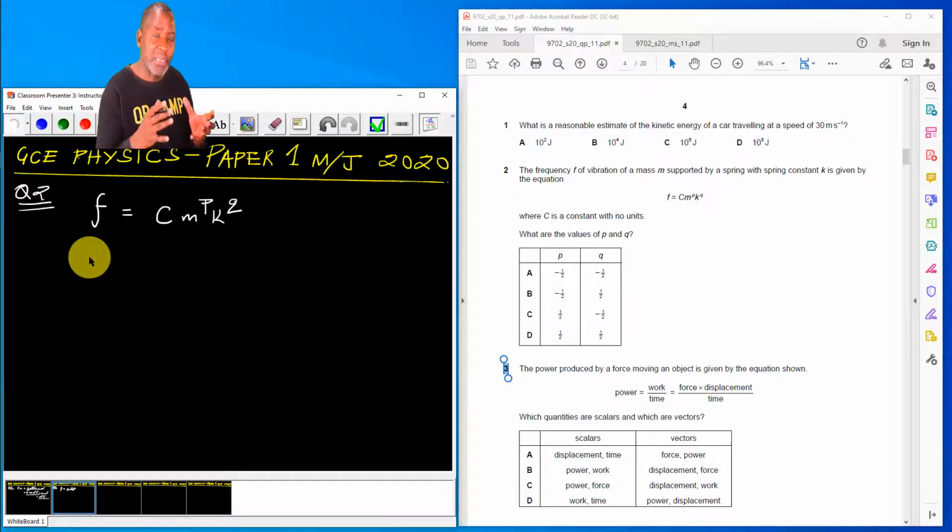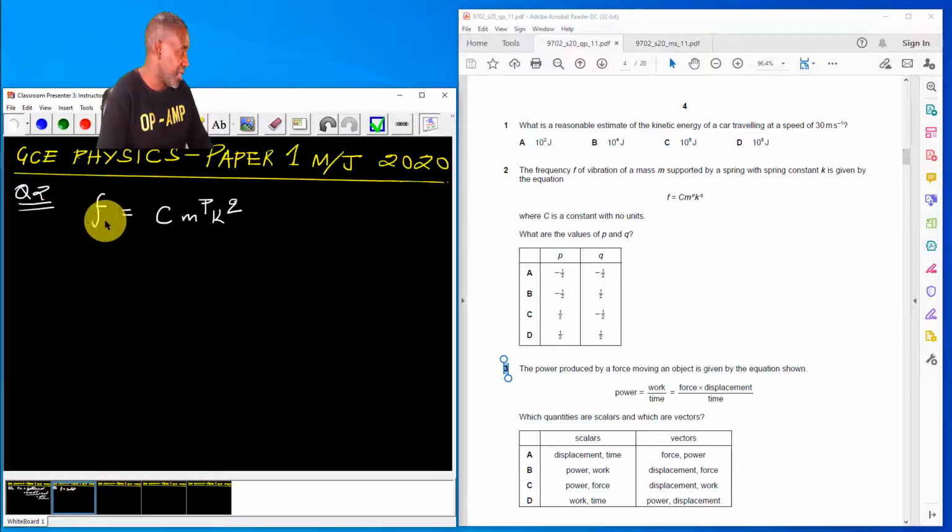Now, there is a simple way of expressing a named unit in terms of SI base units. And I'm going to use the Newton to do that, because the Newton finds its way around here. So the first equation here is written in terms of physical quantities, and they've told us that C is a constant which does not have any unit, so we are going to remove it in our equation.